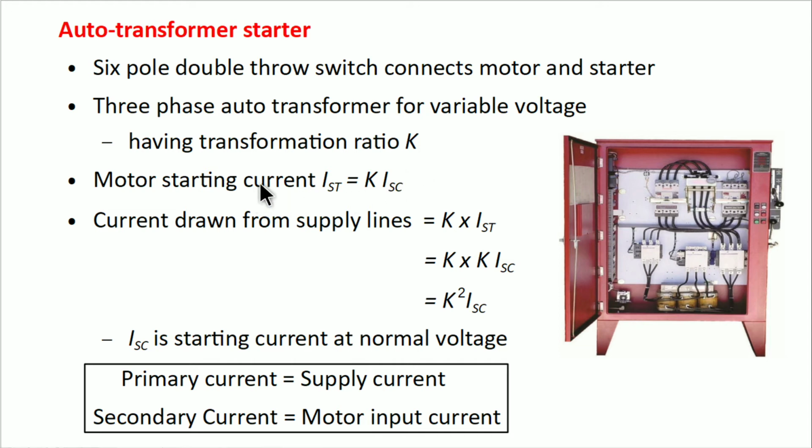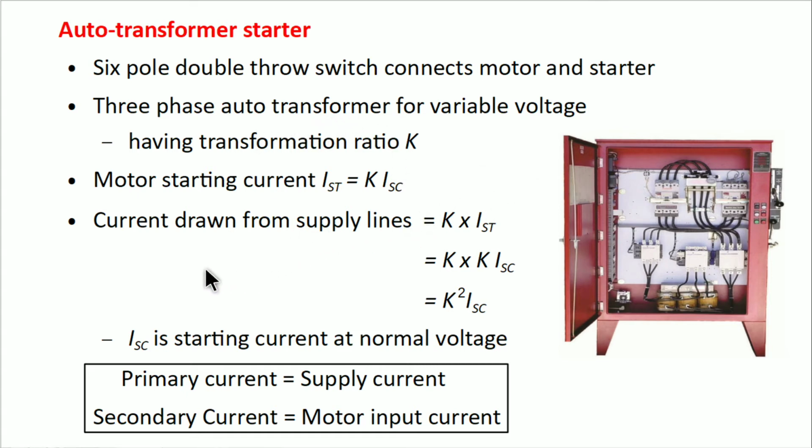It means the voltage across each phase of the motor is now 0.2 times rated voltage. So the starting current will be reduced by the same value. It will be 0.2 times the short circuit starting current, that is, 0.2 times the starting current if we are not using the auto transformer.